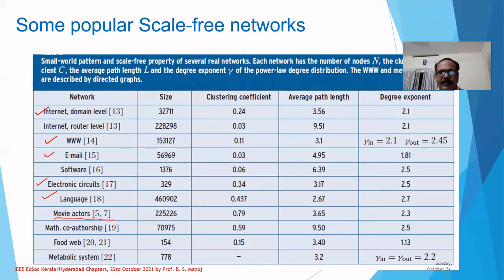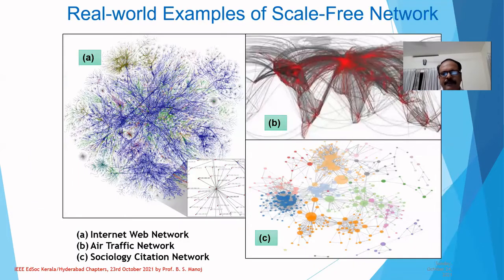They have a scale-free social network. Food webs and metabolic systems, all these things have the scale-free network model, which has a certain degree exponent as we may be able to find. So the question is how these networks are formed and what makes a network really scale-free.